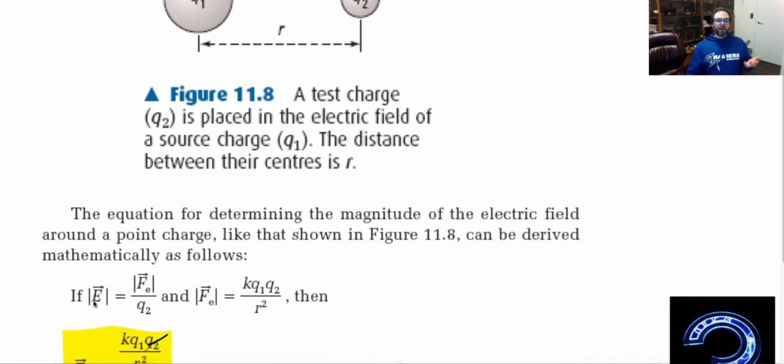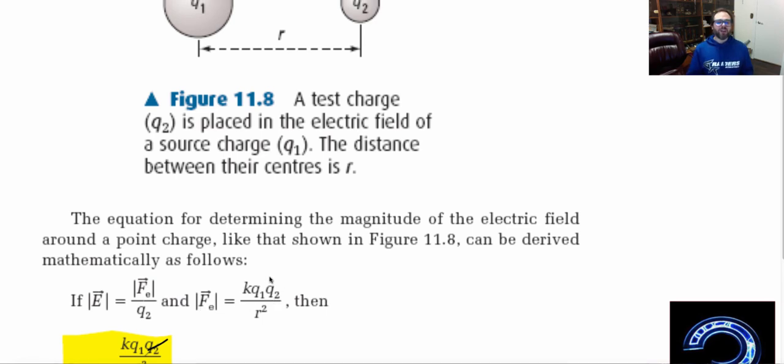So we have my electric field strength is equal to the electrostatic force divided by my point charge. Not the source charge, but my point charge. We know that my electrostatic force, due to Coulomb's law, is equal to Coulomb's constant multiplied by my two charges divided by the radius squared.